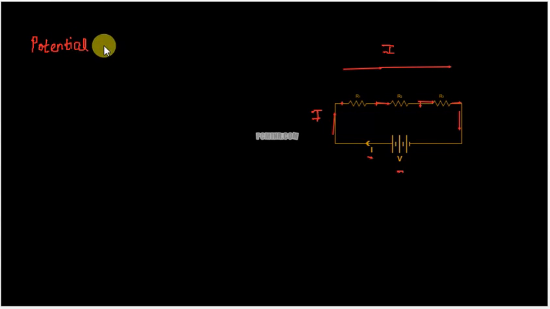So when the potential difference applied is V, the first resistor is R1, and the potential drop happening here would be V1. Then we move to the next one, where the potential drop would be V2. And then the next one, where the potential drop would be V3.